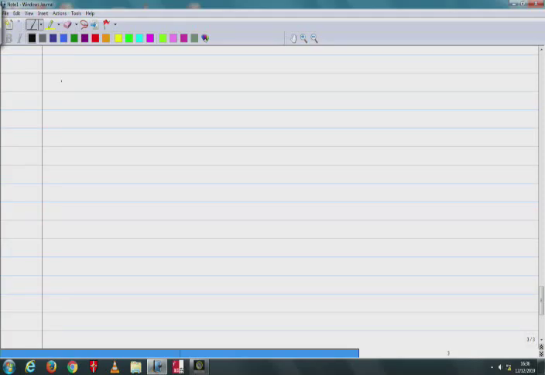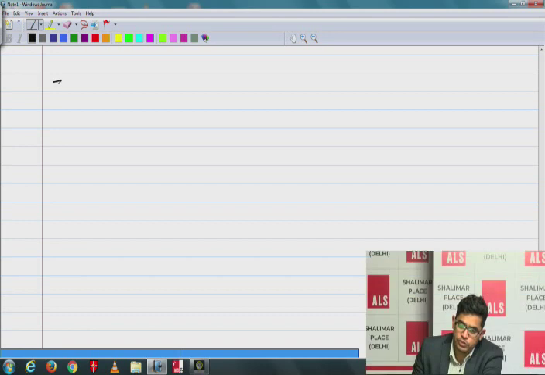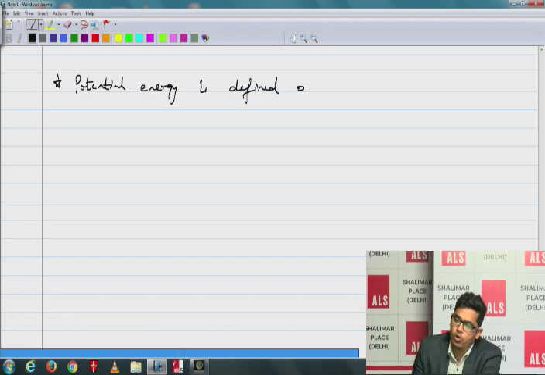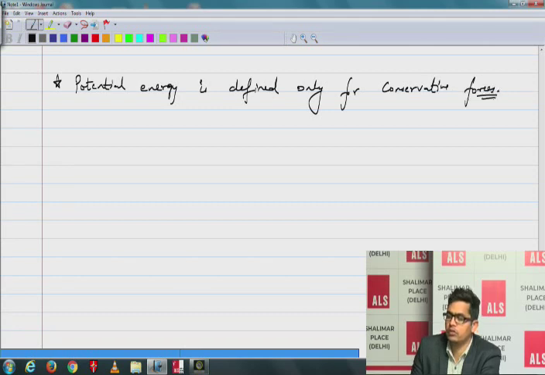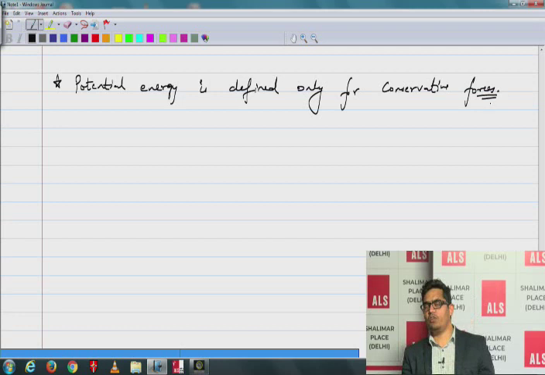So just remember this statement. It is applicable everywhere when it comes to potential energy. First point: potential energy is defined only for conservative forces.